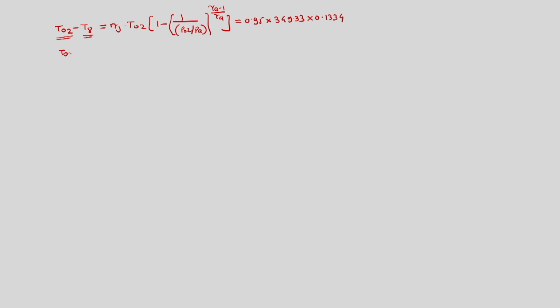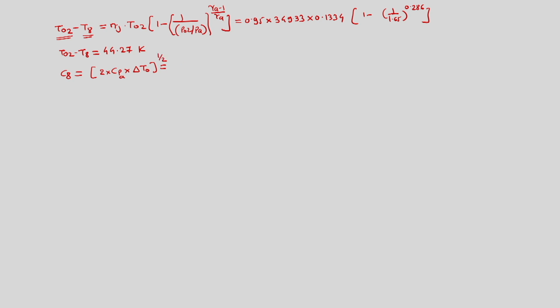So T02 minus T8 is equal to, into the bracket, 1 minus 1 upon 1.65 bracket raised to 0.286, and this turns out to be 44.27 Kelvin.